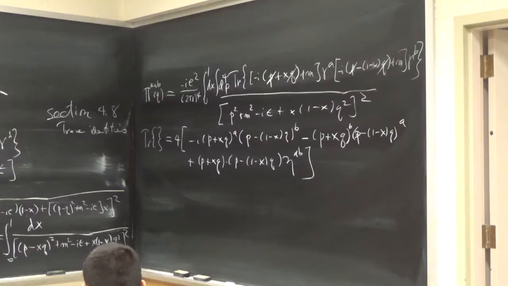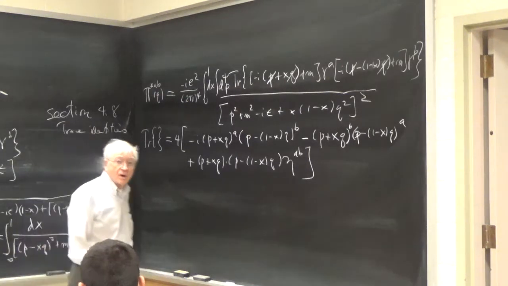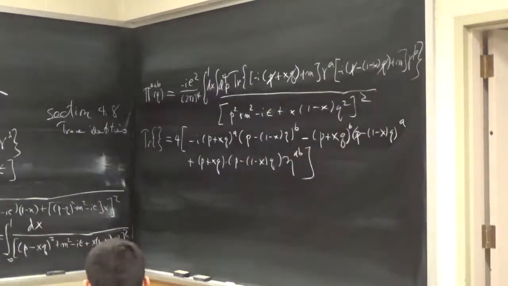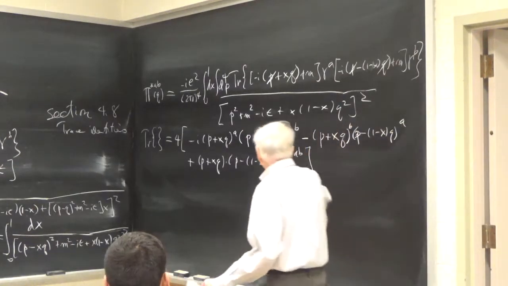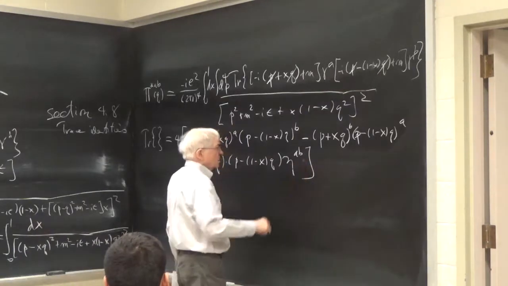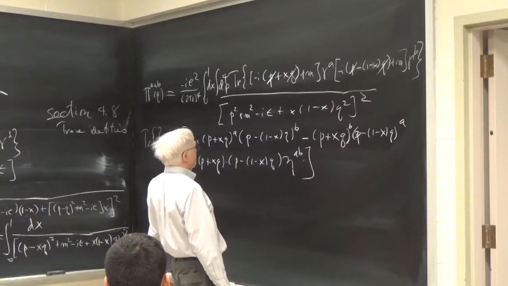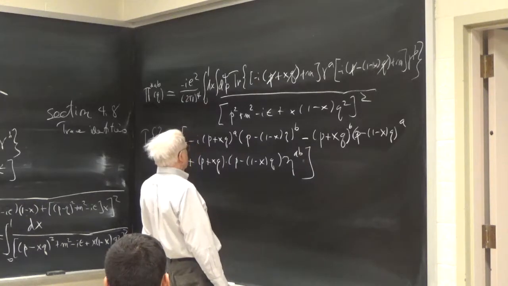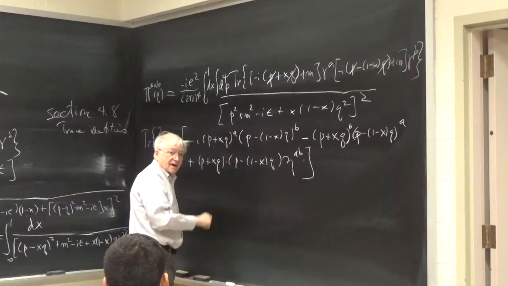So now, is this superscript a and b a component of a 4 vector? What is the superscript a and b? Whenever you have terms like p plus x q to the a, what is the a denoting there?